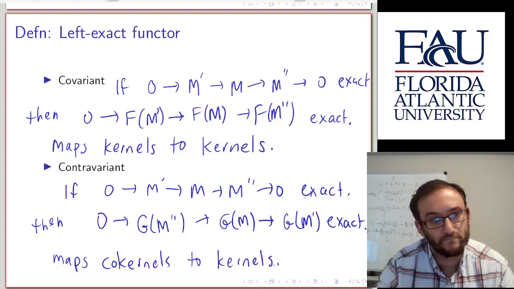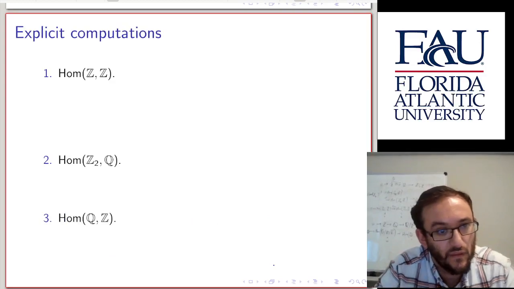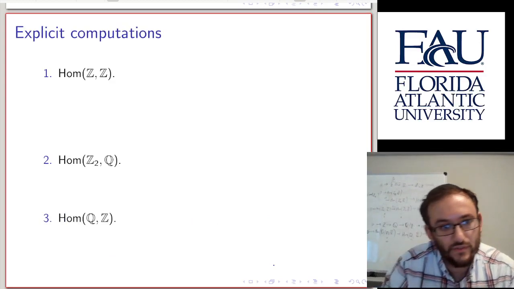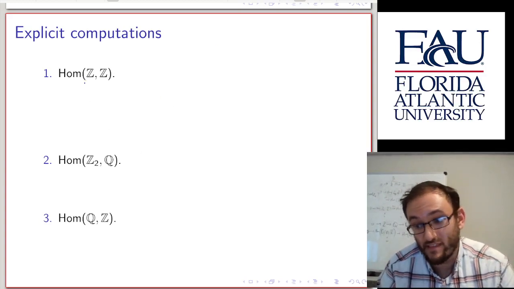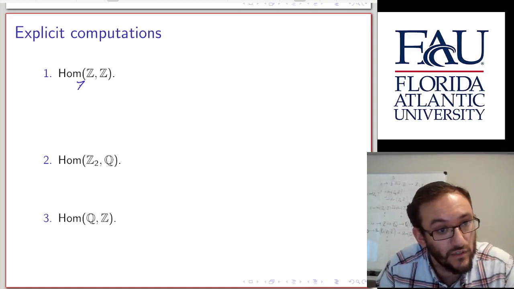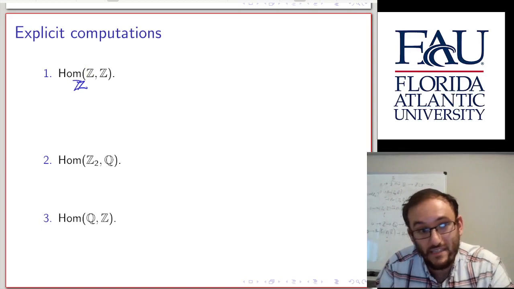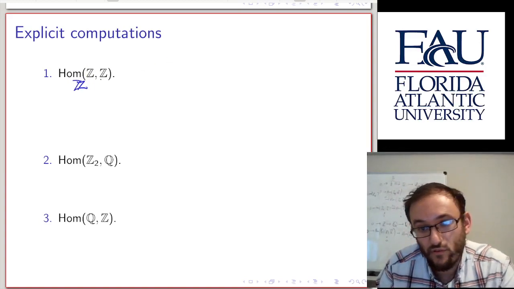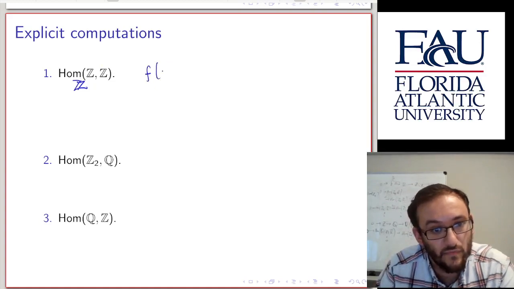Okay. Now let's see some explicit computations, get our hands dirty. Here we're just going to compute some Hom modules. So let's think about the Z-module homomorphisms from Z to Z. Whatever the homomorphism is, let's take f to be some homomorphism.